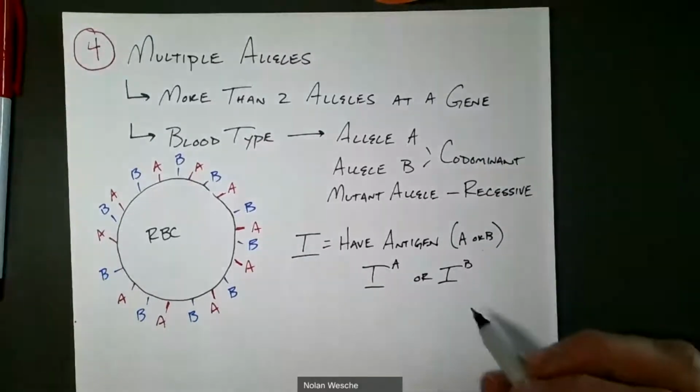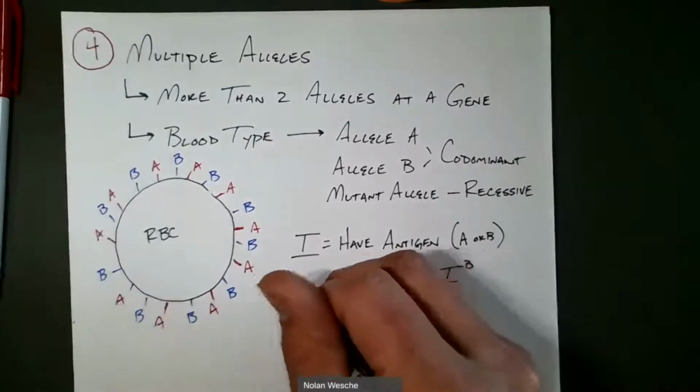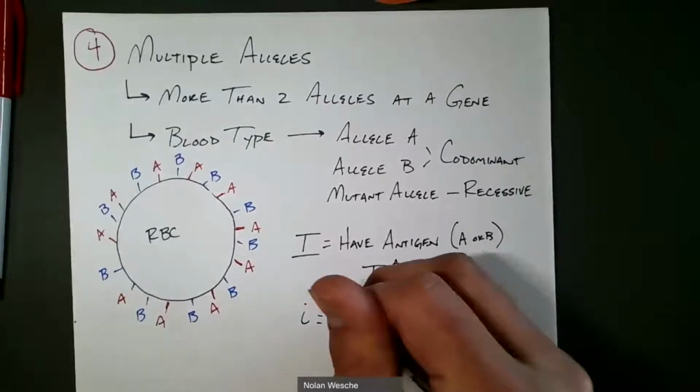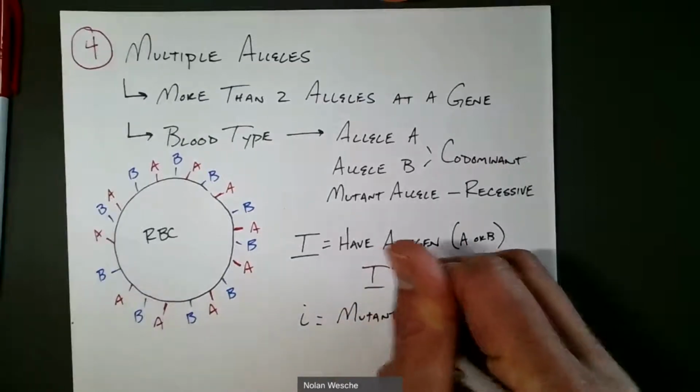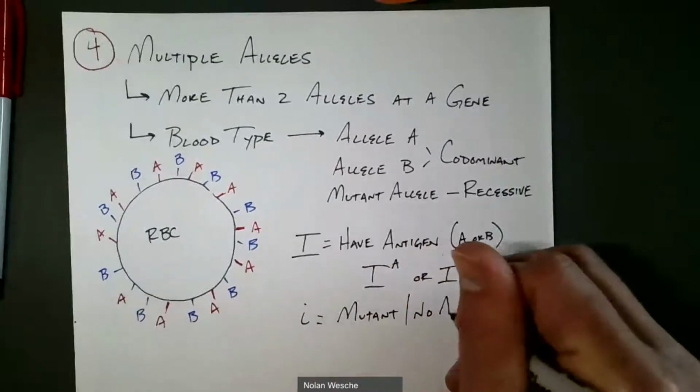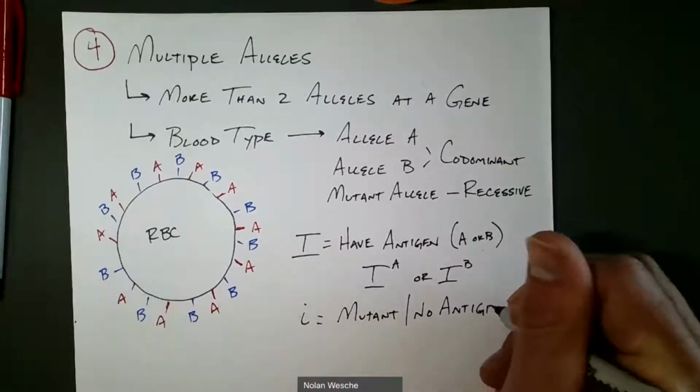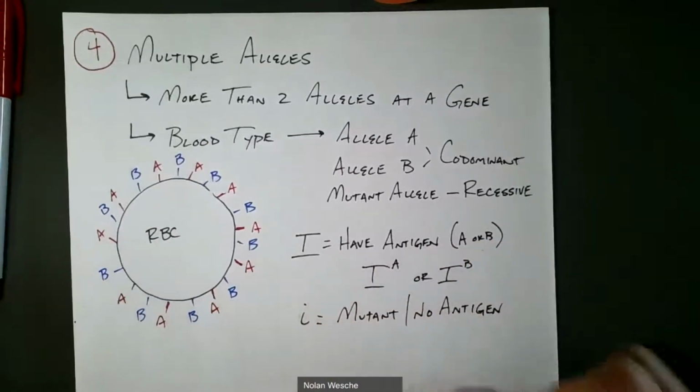And then to show that the mutant allele is recessive to those, we're going to use a lowercase i. So this is the mutant, which is going to produce no antigen. And that is our multiple allele set.